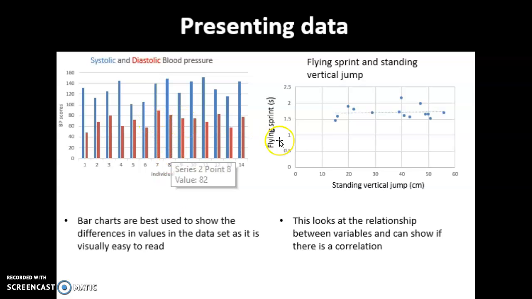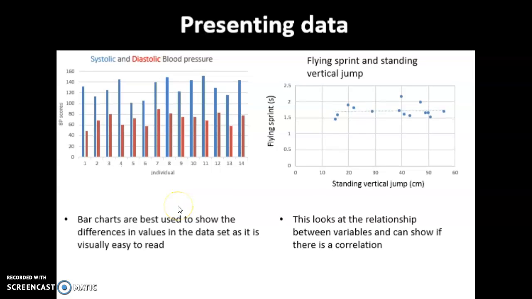So the first 2 I've got here are a bar chart and a scatter plot. Bar charts are best used to show the differences in values in the data set, as it is visually easy to read. Another important thing about presenting your data is that you need to make sure you pick the correct chart or graph for your data, because if you're measuring for difference or correlation or relationship, they're going to fit a different graph.